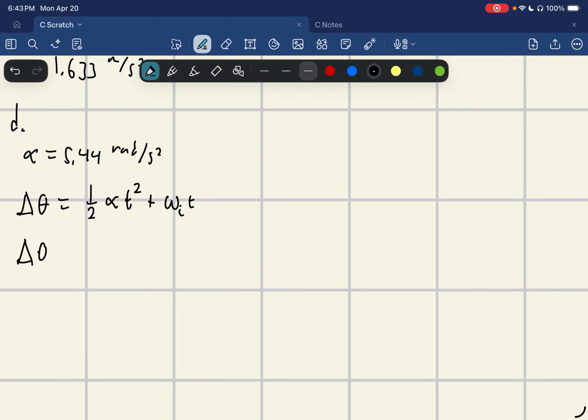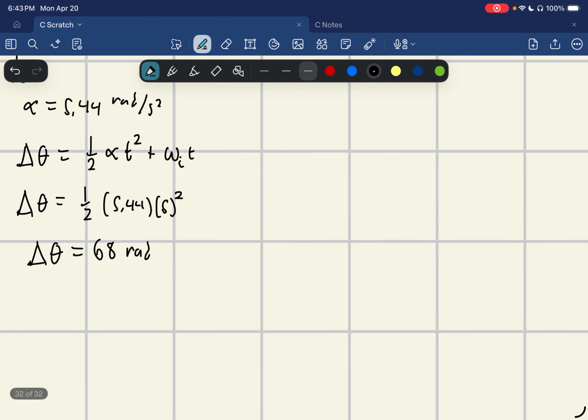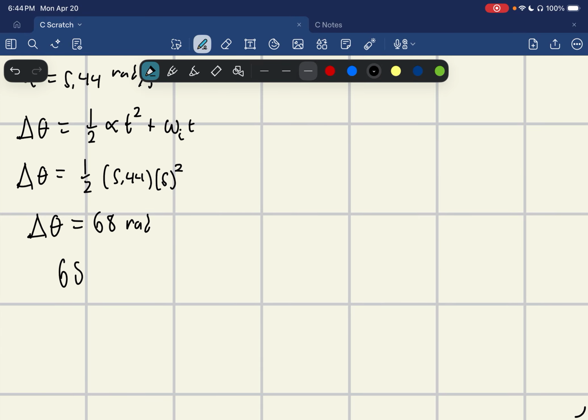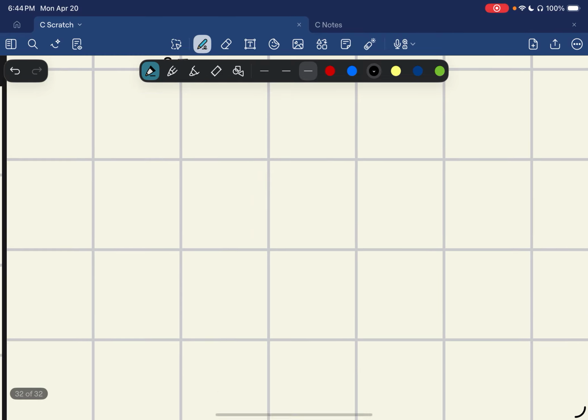So we plug in our information, 5.44 times 5 squared. We get the displacement to be 68 rad. And to convert, we just divide it by 2 pi, so 68 rad times 1 over 2 pi. And then you would get 10.822 revs.